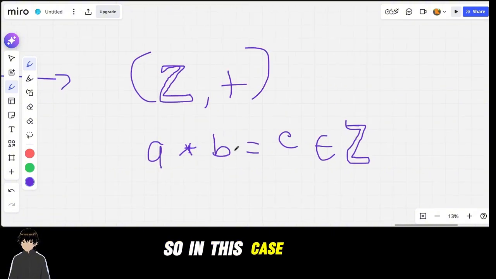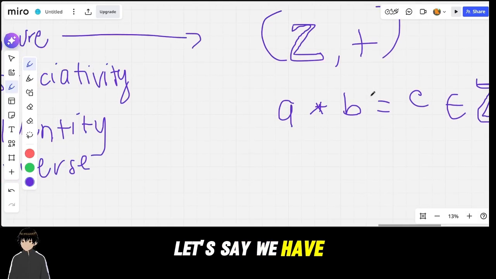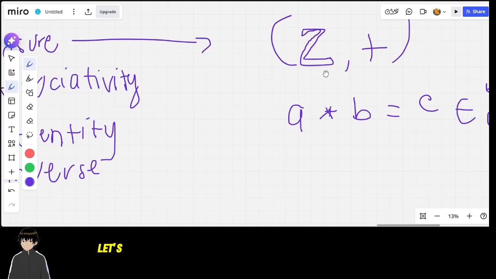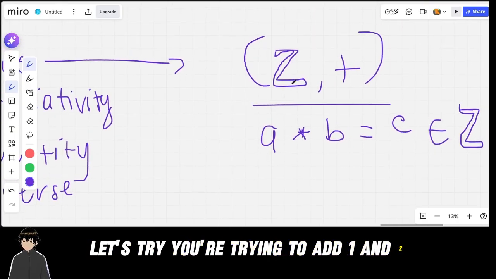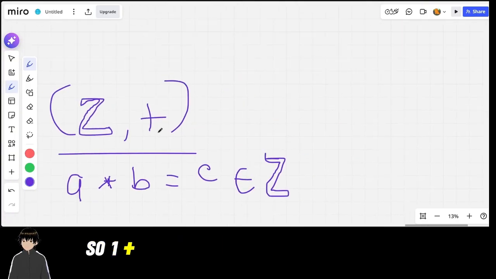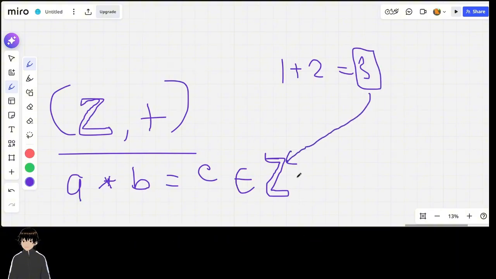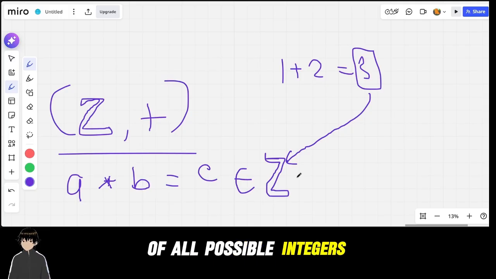So in this case, let's say you're trying to add 1 and 2. So 1 plus 2 equals 3. Is 3 a part of all possible integers?